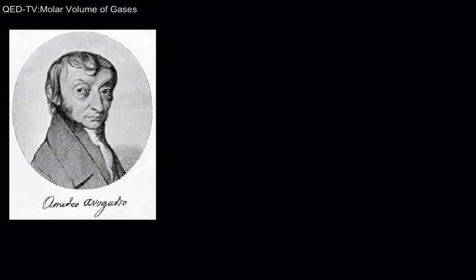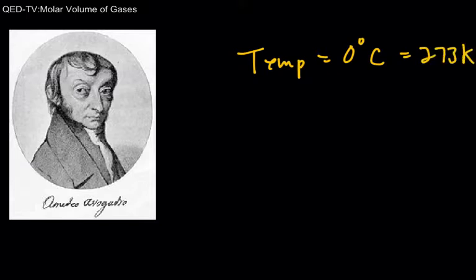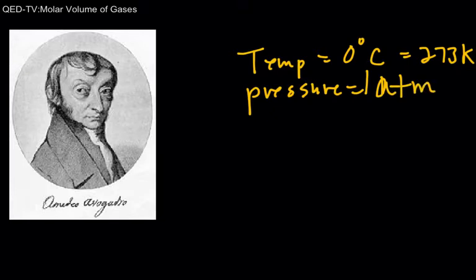So what we have determined is that if you keep the temperature at 0 degrees Celsius, which would also be 273 Kelvin, by the way, and you keep the pressure at 1 atmosphere, this is by the way called STP, standard temperature and pressure. Standard temperature is 0 degrees Celsius and standard pressure is 1 atmosphere.